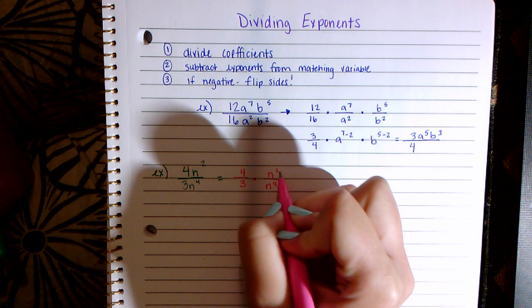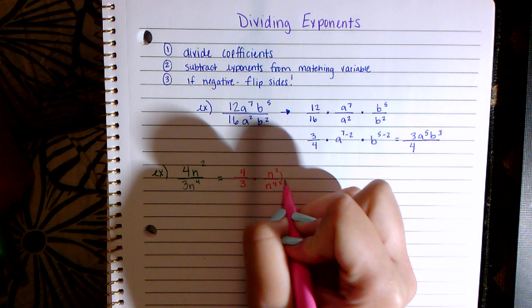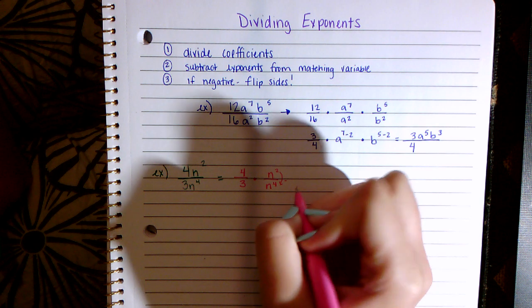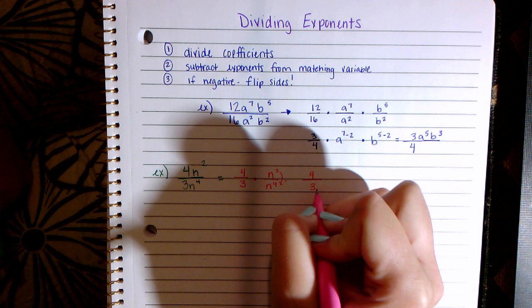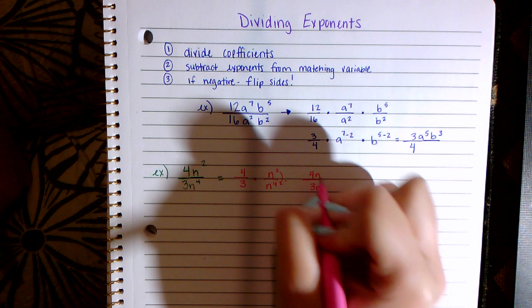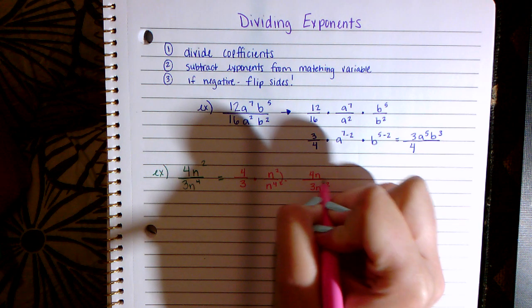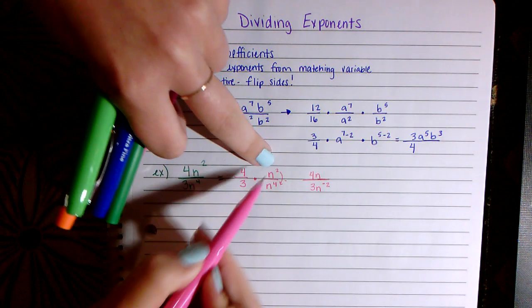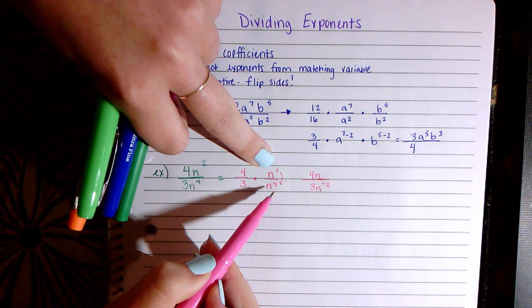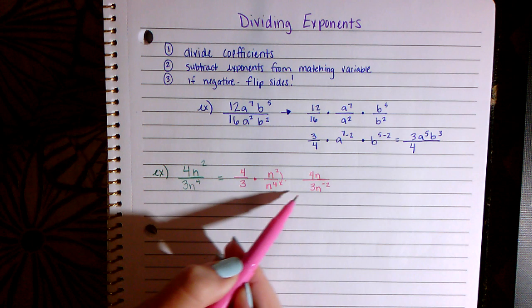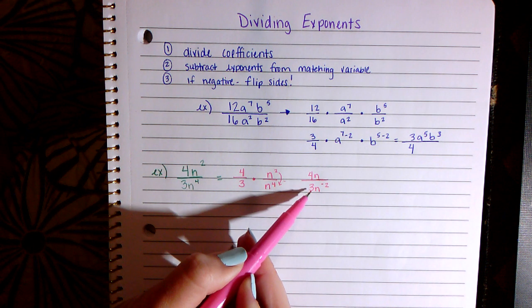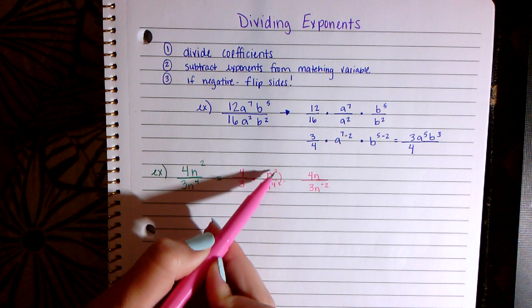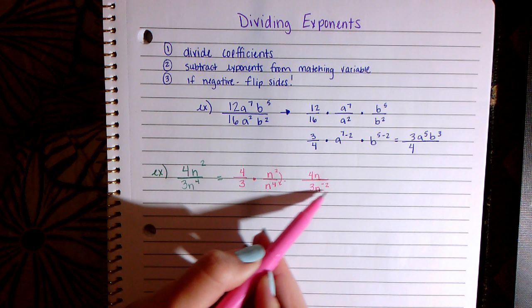Okay, well, when you do 2 minus 4, you end up with n to the -2 power, right? So if we keep those n's there, 2 minus 4 gives us -2. That's on the bottom, right? So we have the 4/3. We have our n values, and 2 minus 4 is actually -2.